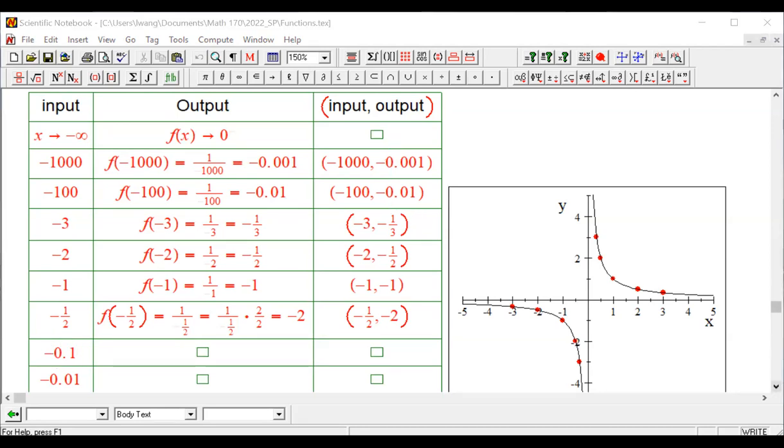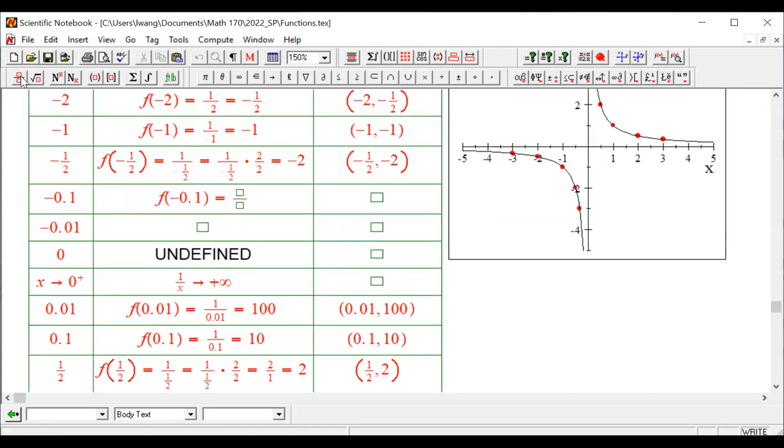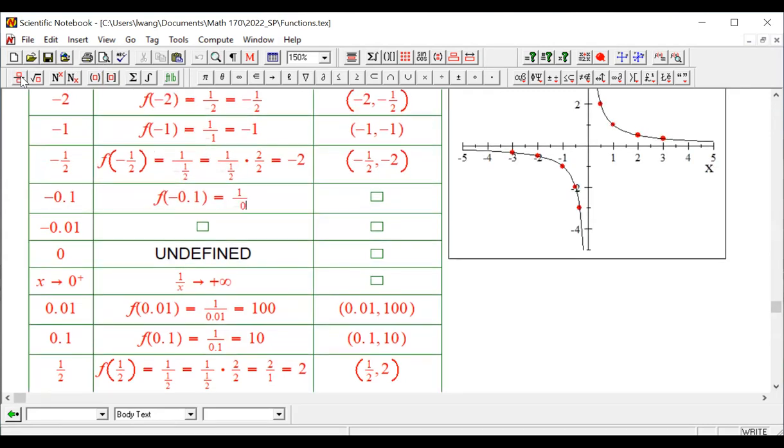Okay, so what do we observe? When the input is negative 0.1, we have f of negative 0.1, and the output is 1 over the input, negative 0.1.